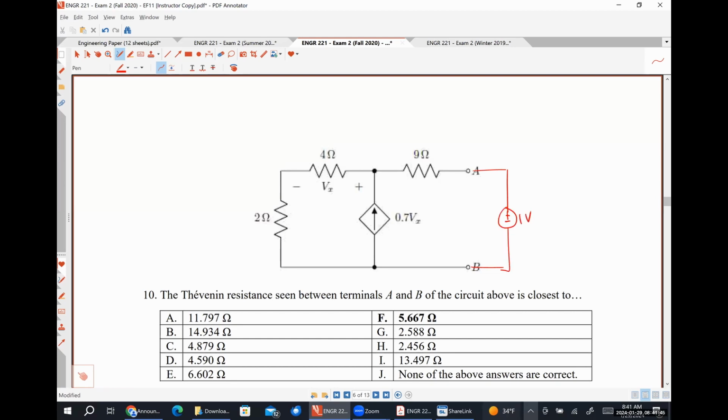Let's just make it 1 volt for the sake of argument. And then our test current will be the current that's leaving the positive polarity terminal. And let's mesh it up.